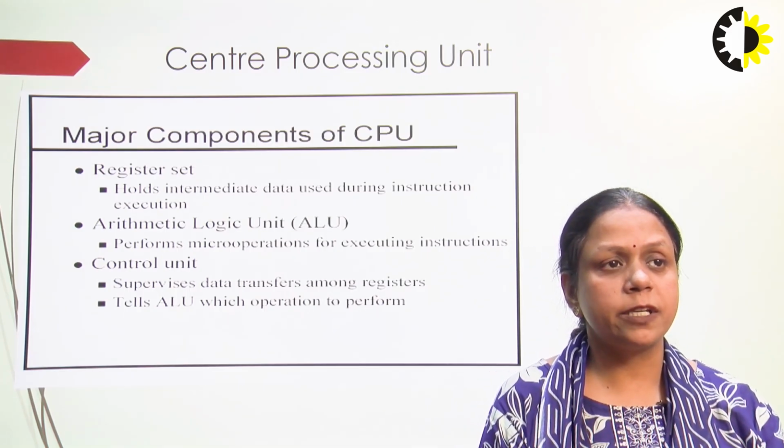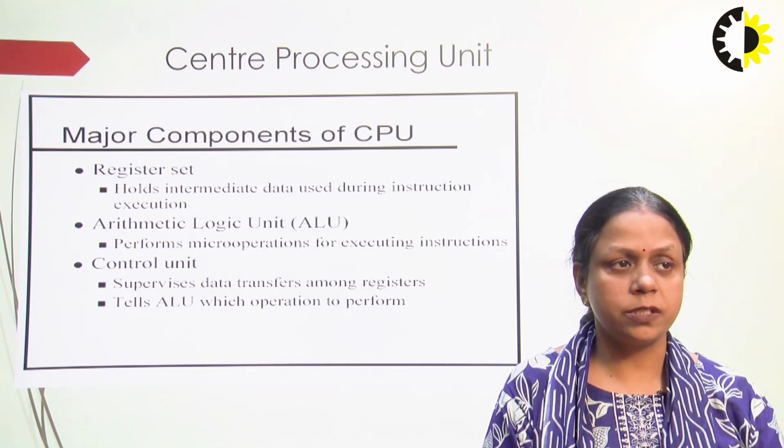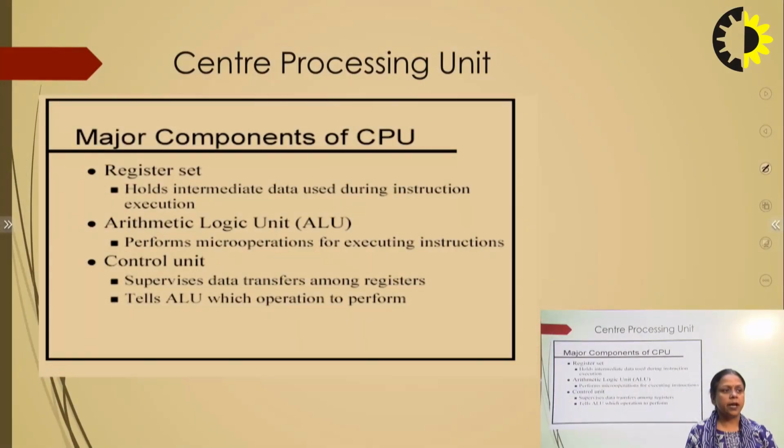The major components of the CPU are the register set, arithmetic unit, and control unit. We use the register set to store the instruction, data, and different types of operations. In the arithmetic unit, we perform all the micro operations, and with the help of the control unit, we supervise the data transfer among the registers.